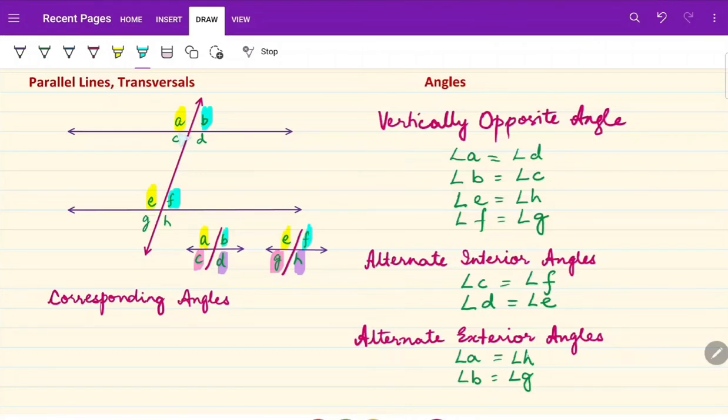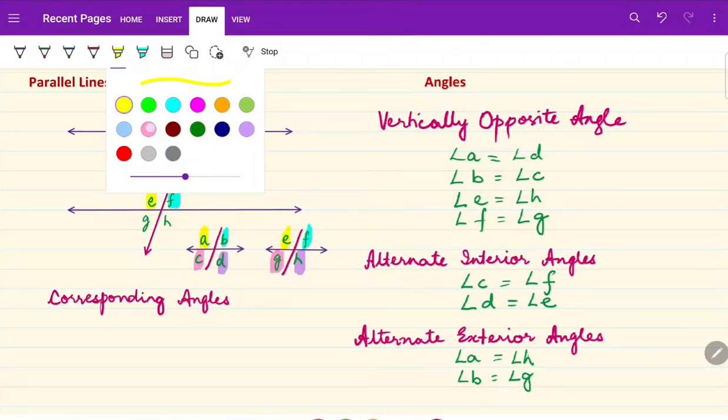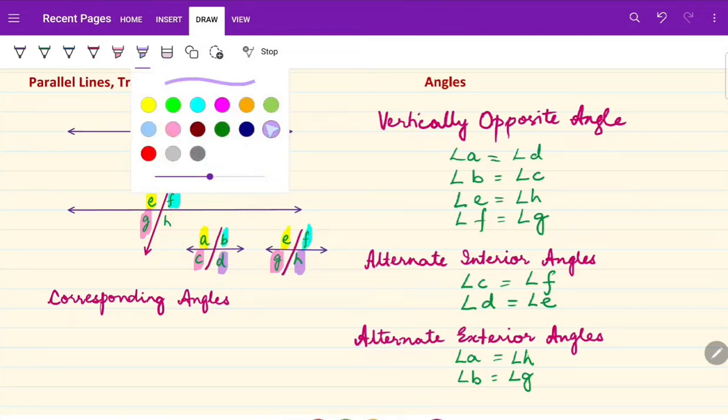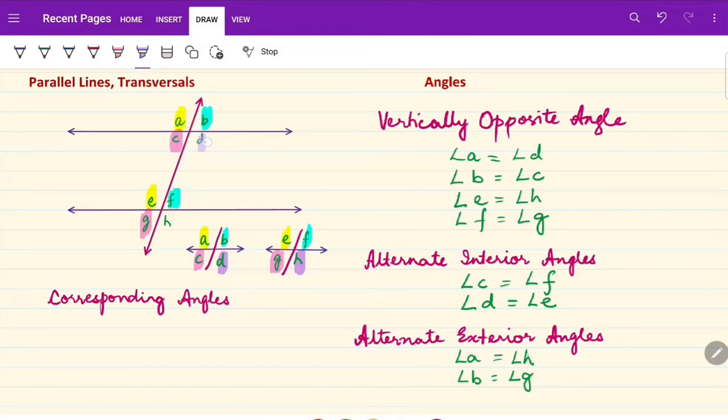Then we have C and G correspond with each other. So let's pull up the pink here. C and G correspond with each other, and D and H, all right, for the other one. So D and H, all right. And again, the corresponding angles will be equal.